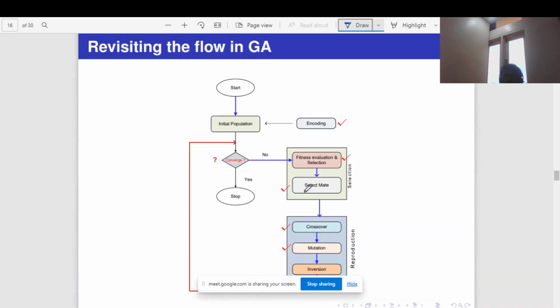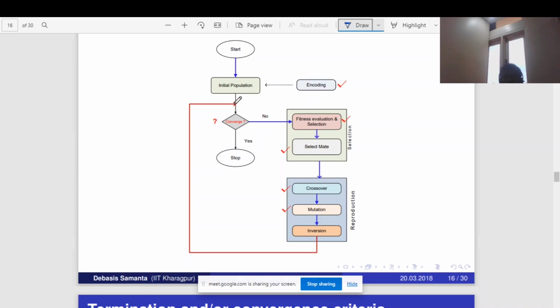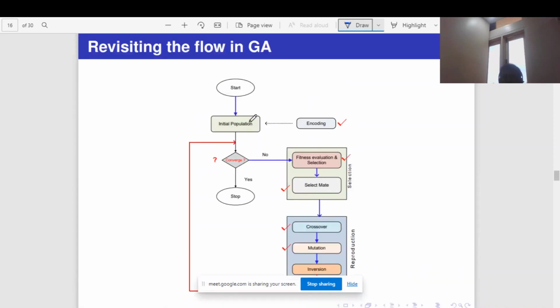This is just a revisiting of this. So if you recall, this is how a genetic algorithm normally works. This is the flowchart you might be remembering. So we start and then we generate the initial population through encoding, and then we pick up a random solution and we check whether it has converged or not.